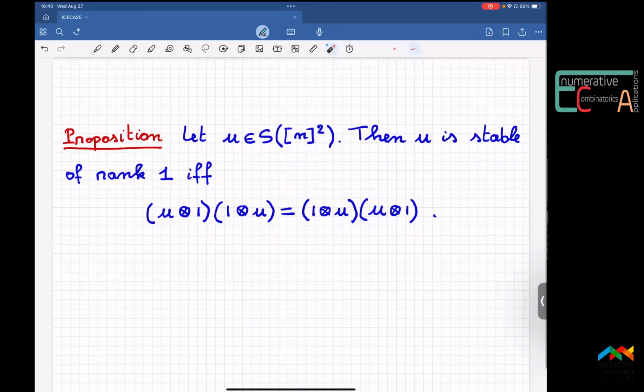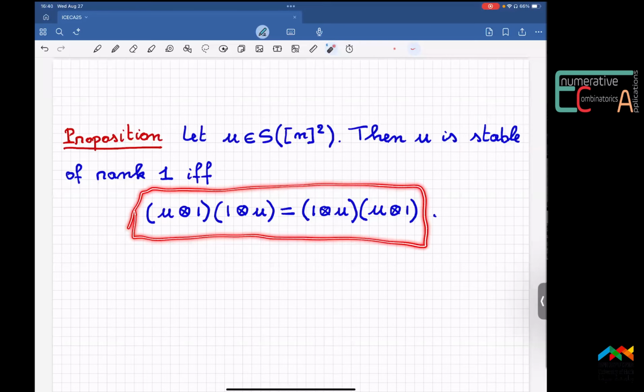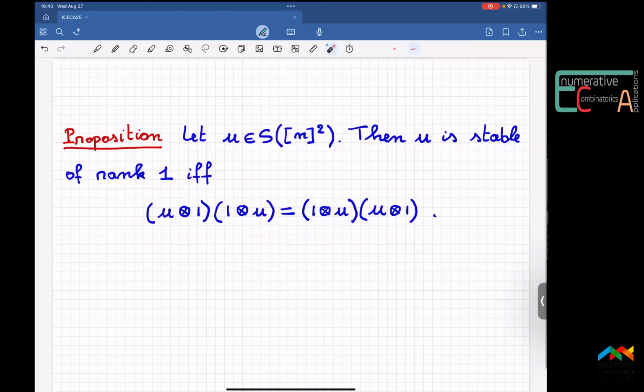This equation is a relative of the Yang-Baxter equation, which would be 1 tensor u, u tensor 1, 1 tensor u equals u tensor 1, 1 tensor u, u tensor 1. But there are no connections between the two. In fact, one can show easily that the only permutation that satisfies them both is the identity, so they are disjoint. But it's a sibling of the Yang-Baxter equation.